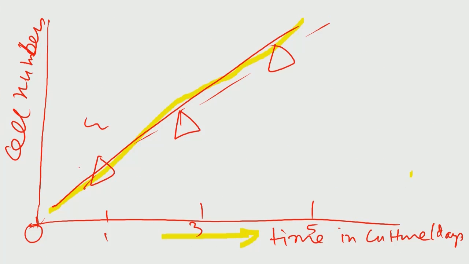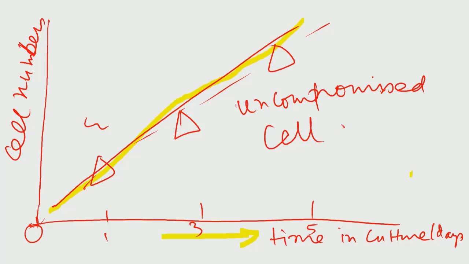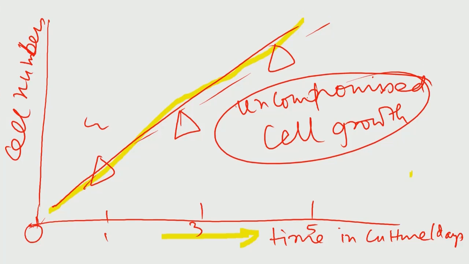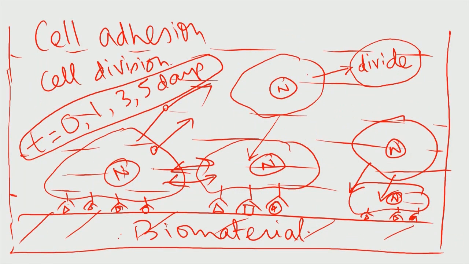It is a testimony that uncompromised cell growth takes place. This is important to establish, simply because typically biologists grow cells in a culture medium without any substrate, or on tissue culture plastic just as a control sample, but not on a stiff biomaterial substrate.